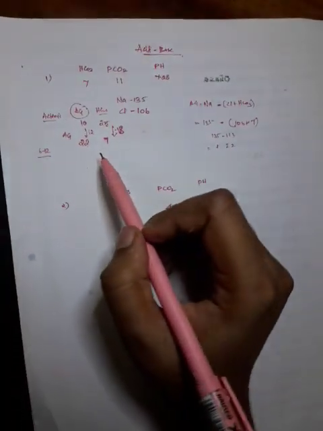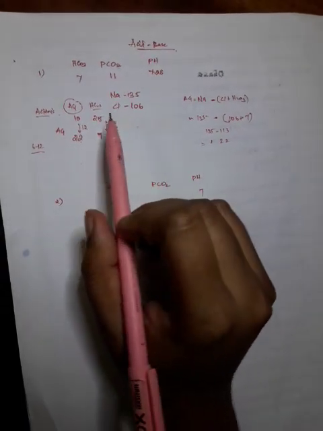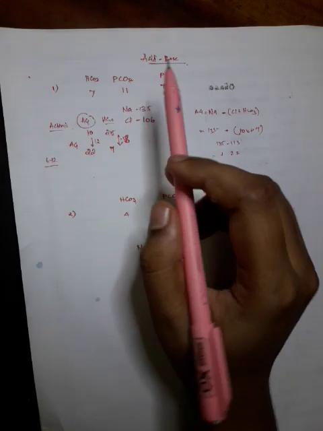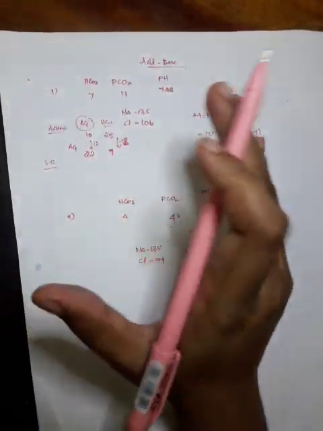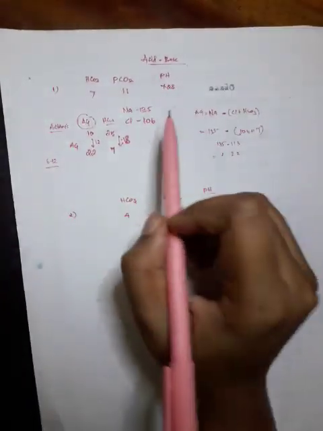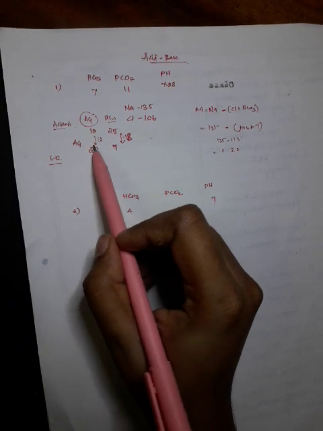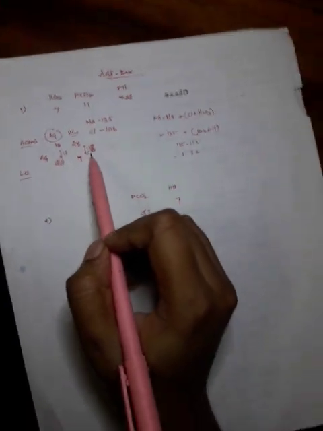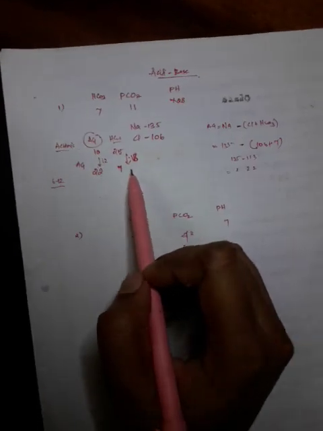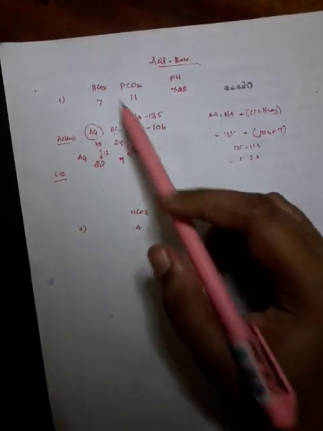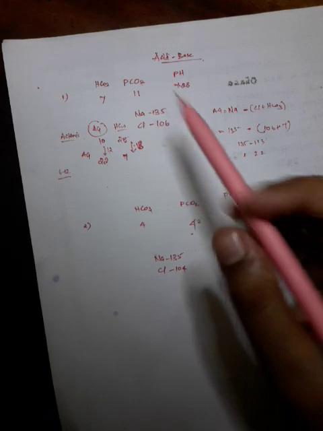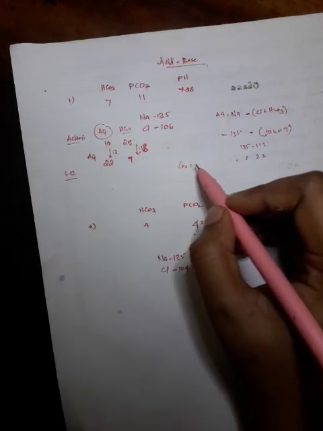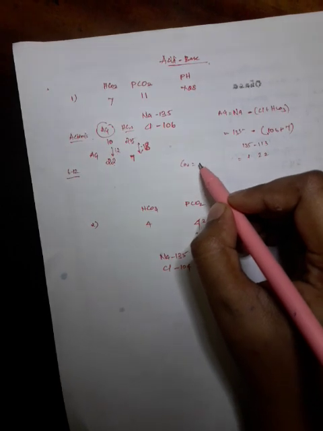Then we have to calculate the CO2, the approximate CO2 for this bicarbonate. For any sum, we first find the anion gap, then the bicarbonate change, then the approximate carbon dioxide value. For this bicarbonate, what is the approximate carbon dioxide value? We add 15 to the given bicarbonate.